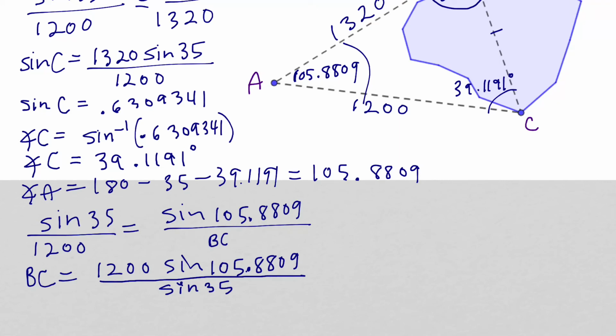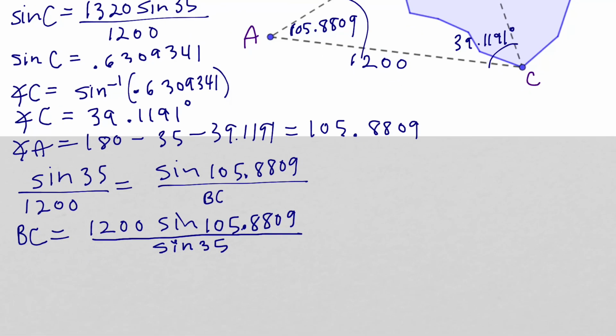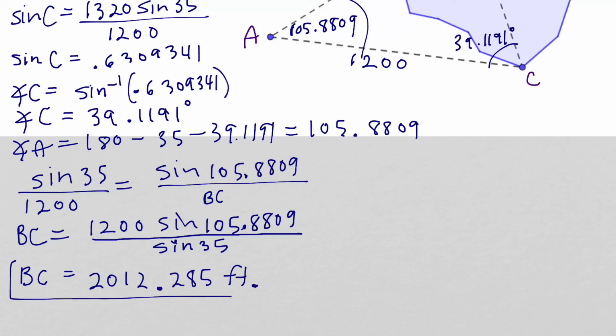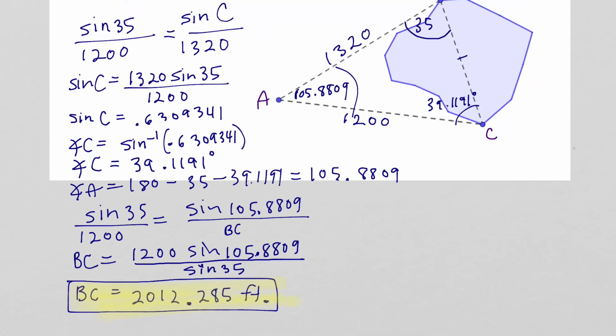So if I type that into the calculator now, my final answer is BC is equal to 2012.285 feet. So I'm just going to keep those digits to the right of the decimal point, but it could be rounded if asked. So a word of caution about any kind of rounding you do within a trig problem.